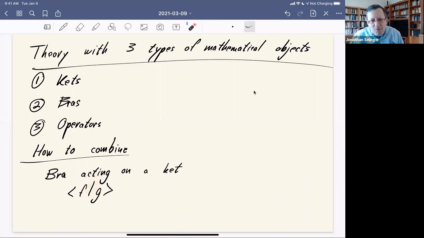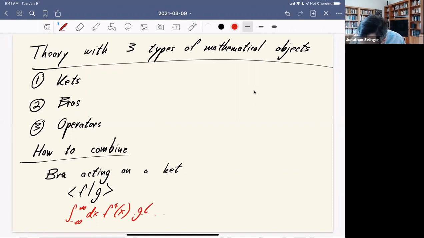It's just the way people write things. So this is a bra acting on a ket. What that means is we have our integral dx of f star of x, here's the bra, and now we fill in the blank, g of x, and now we do the integral.